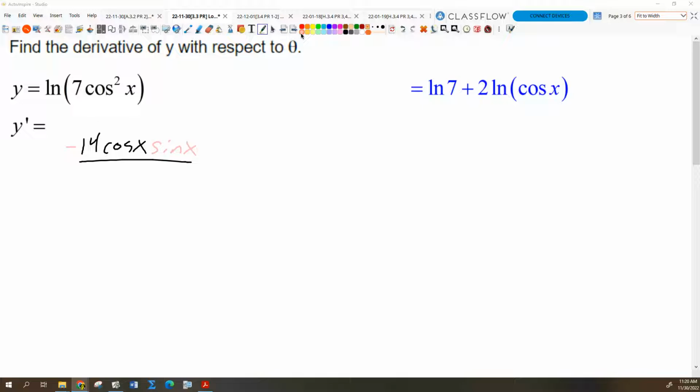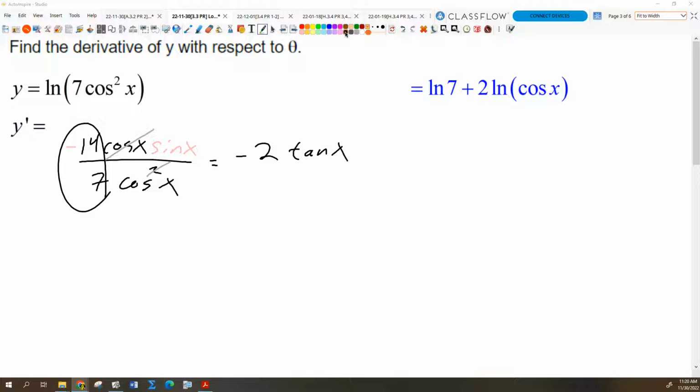All divided by u, which is 7 cosine squared x. Okay, Jonathan, can I cancel a cosine there? I can, you're right. I could cancel one of those. And so we'd end up with our answer being negative 14 sevenths. Well, that's just negative 2 sine x over cosine x, which is just tangent x, right?